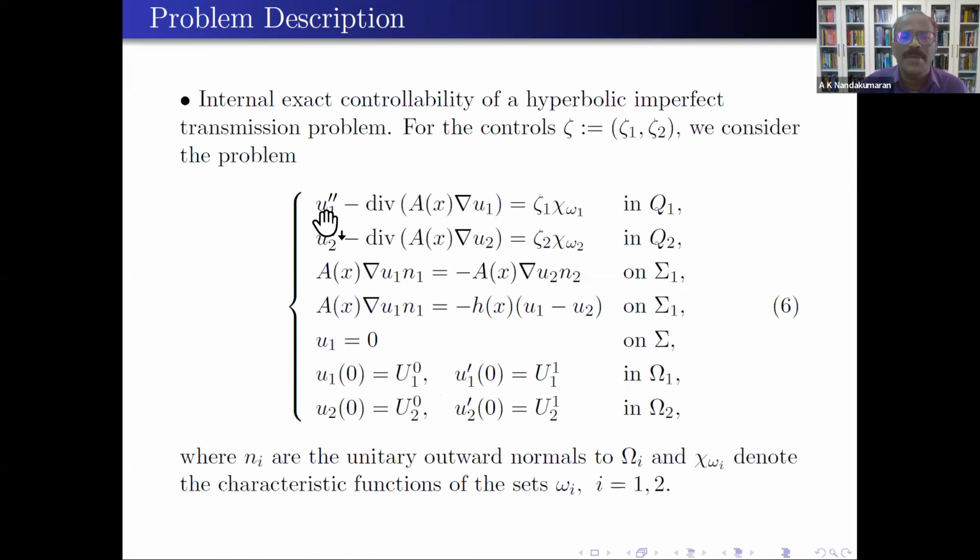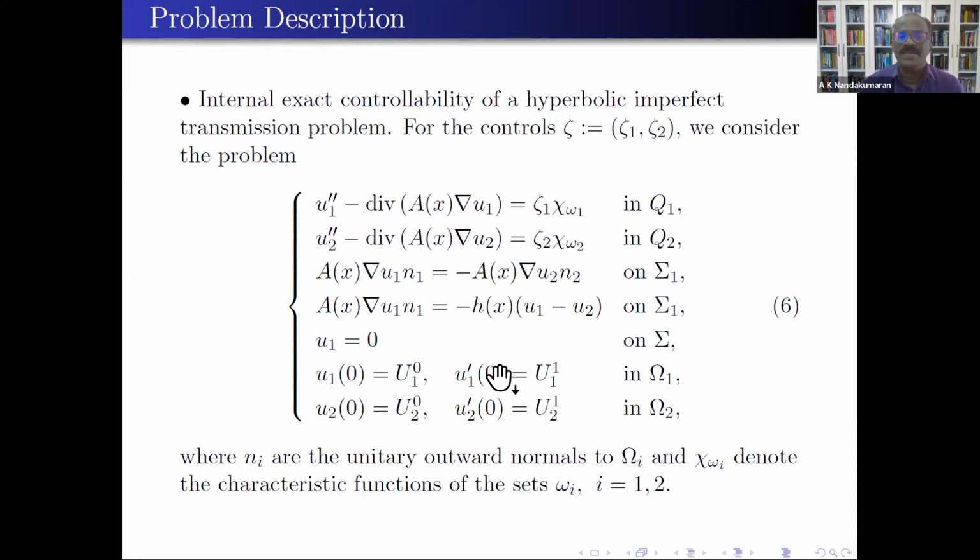So we are typically doing this wave equation again with the general second order operator. Now I am putting an internal control. So zeta 1 is the control applied only in omega 1, and I'm also applying control zeta 2 on omega 2. This imperfection problem is a standard problem, studied not for controllability, but for well-posedness, already available without control.